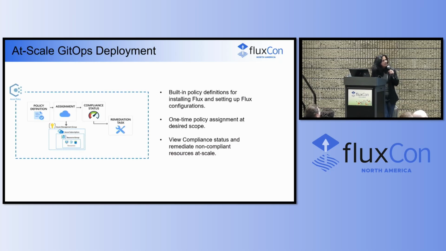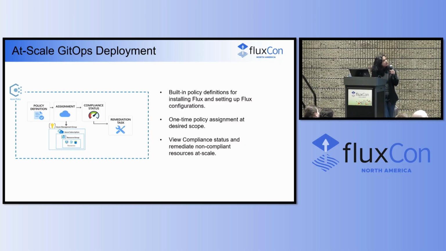Okay, now that we covered the process of setting up Flux as a cluster extension and Flux configuration, I wanted to highlight how we would do this at scale with Azure Policy. So for those of you who are new to Azure Policy, it allows you to specify definitions, and then these policies can be applied at a desired scope.